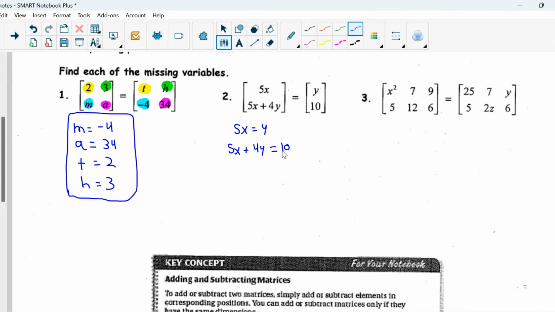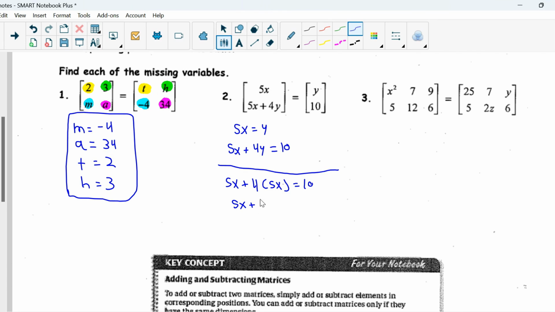Right here, you'll notice we have a system of equations. Since we have y equals with no coefficient, why don't we use substitution here? Let's substitute 5x in for y. With our next step, we can take 5x plus 4 times y, which we know is 5x, which equals 10. Let's go ahead and solve the system.